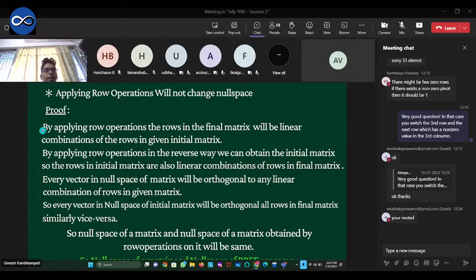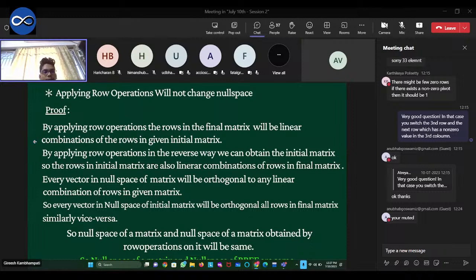So by applying row operations, what exactly are we doing? If we interchange two rows, we change the matrix, but nothing changes in the vector sense. If we consider the matrix as a set of row vectors, interchanging two rows just changes their positions.